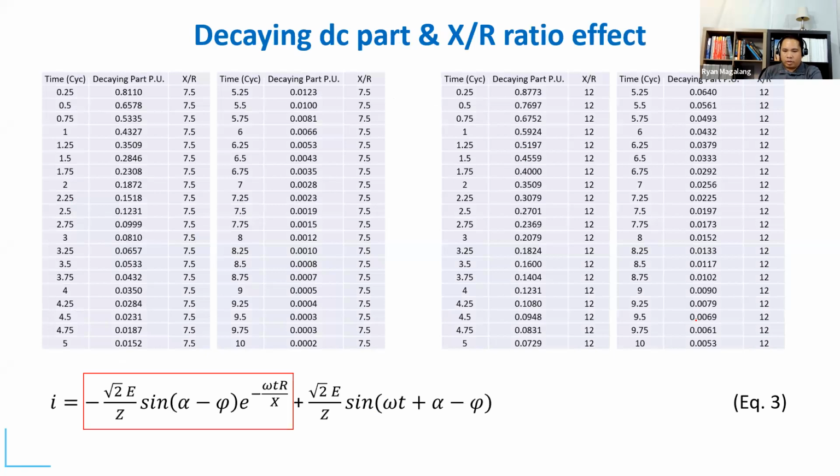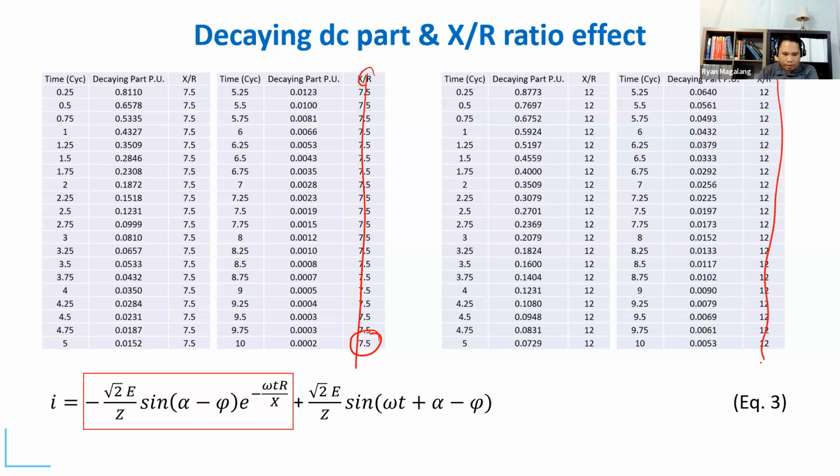Now, looking at the decaying DC part and its effect, I have tabulated it here. You don't need to look at all of the details. We'll just try to understand the effect. So for an XR ratio of 7.5, this is all 7.5. This is 12.